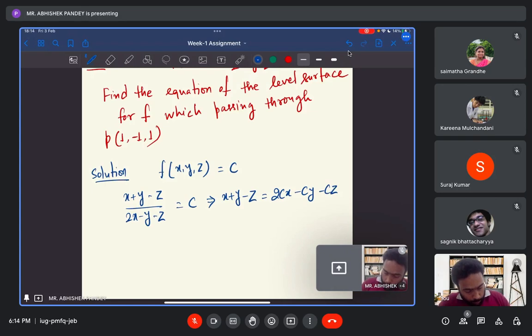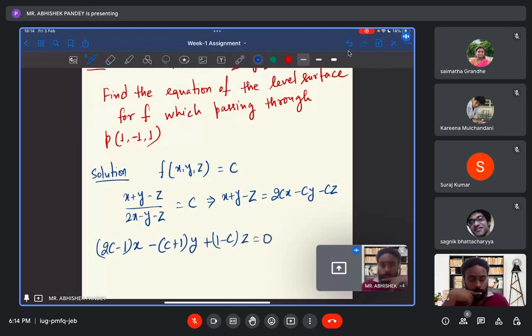So this gives (2c minus 1) x minus (c plus 1) y plus (1 minus c) z equals 0. This is the equation of the level surface.